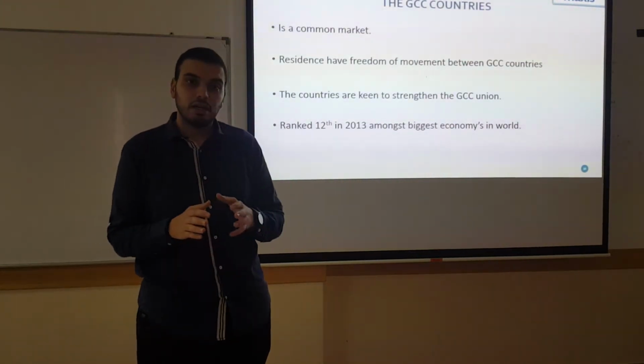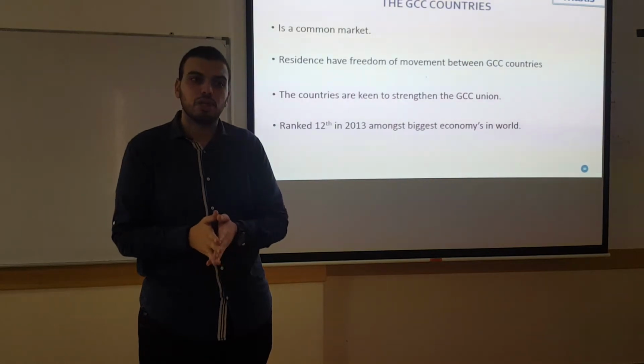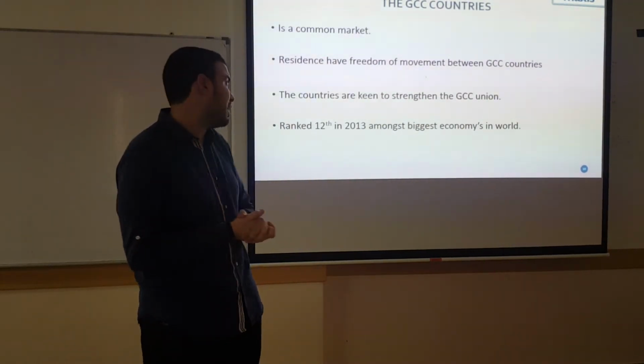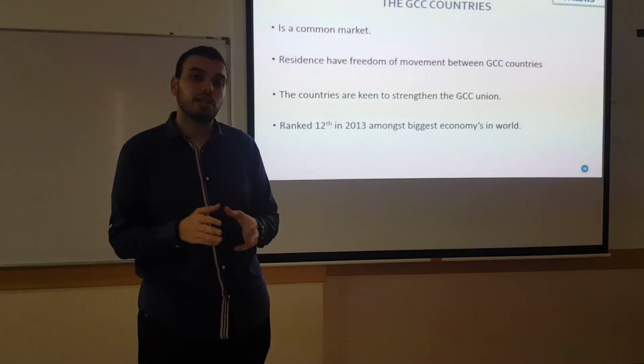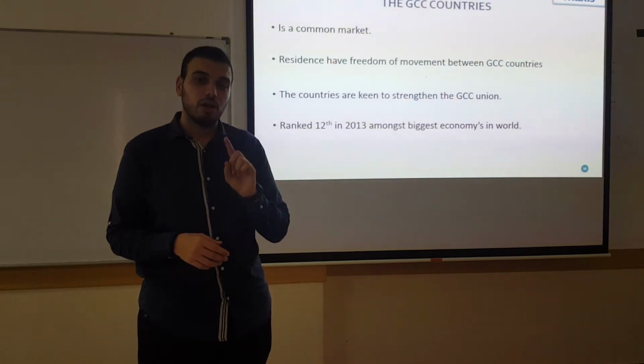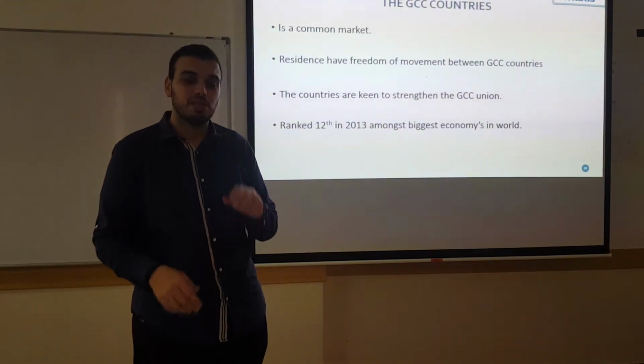These countries are really keen to keep the GCC together and with one hand. However, the GCC countries were ranked 12th in 2013 as one of the longest stable economies in the world.